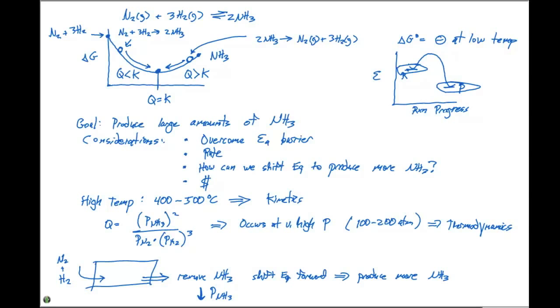Right now we use it as fertilizer for our crops. So it's a very important process, and I like using it as an example because it relates together kinetics and thermodynamics, and it shows the importance of each one in a particular chemical process.